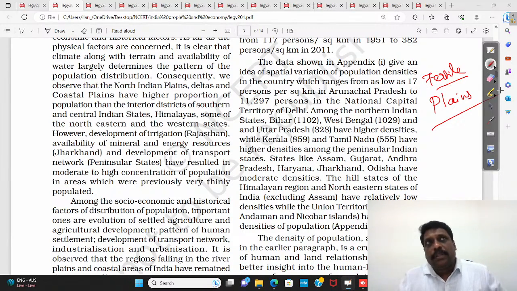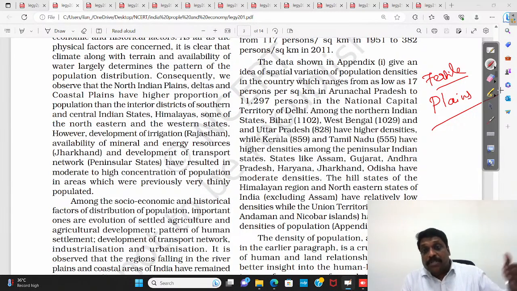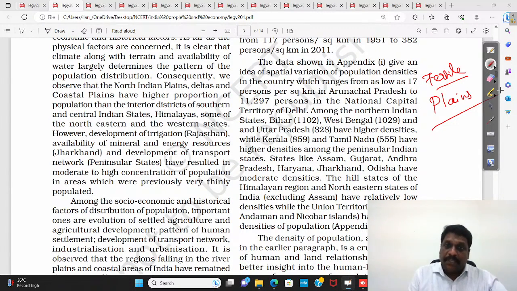Among all the physiographic features, we have plateaus, plains and mountains. Which land has more carrying capacity? What is this carrying capacity? It is the ability of a land to hold population and support the sustenance of that population in the name of agriculture.